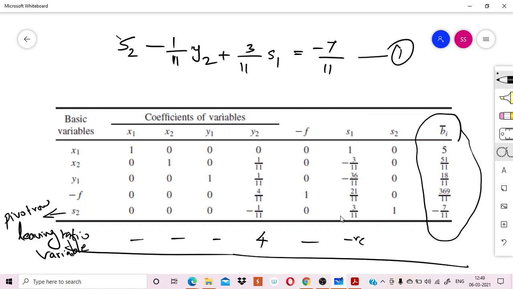So this 4 will be our minimum positive value, and you will get y2 as the entering variable.